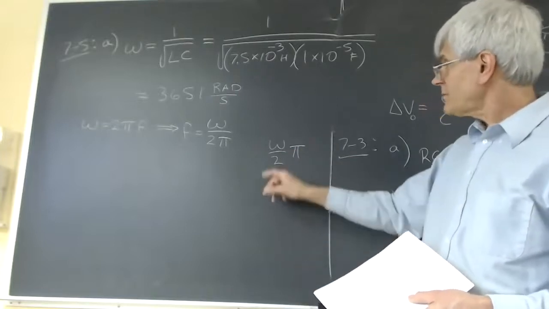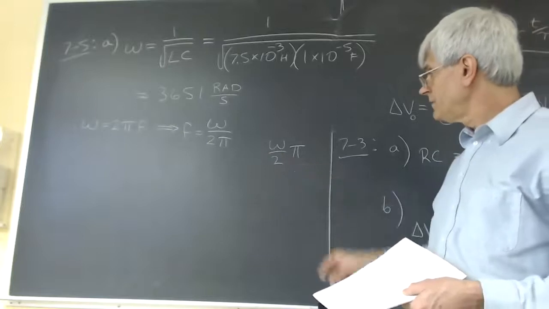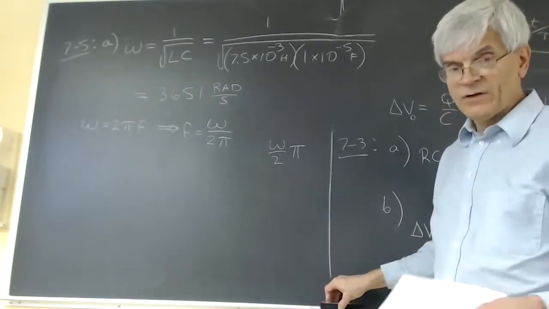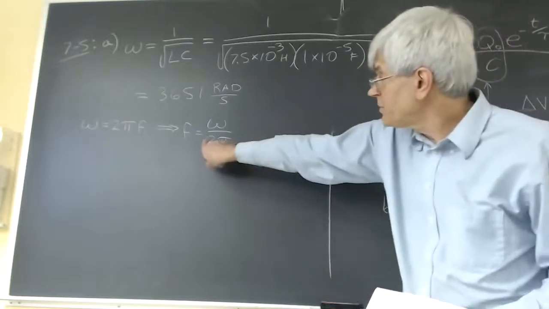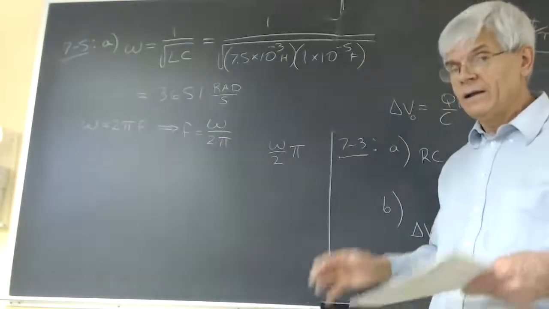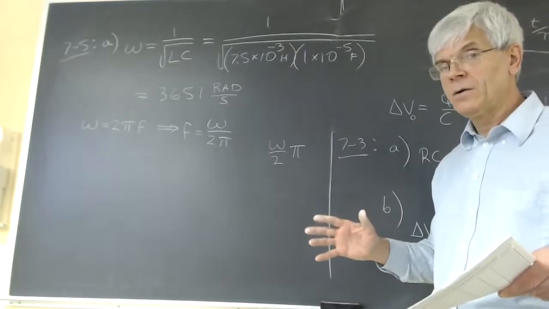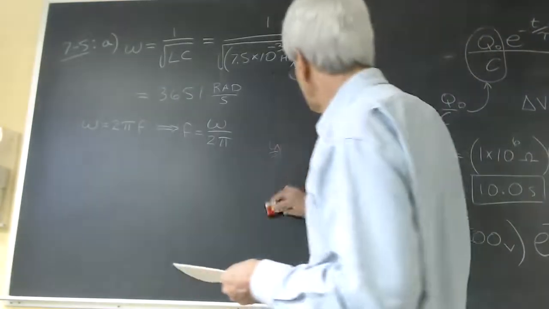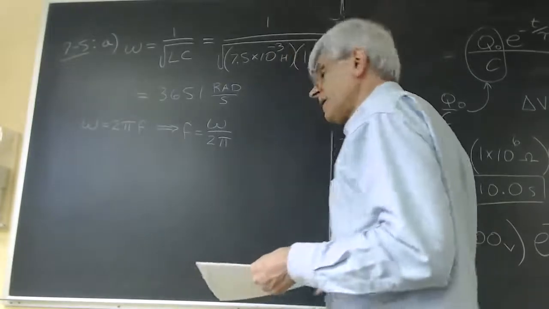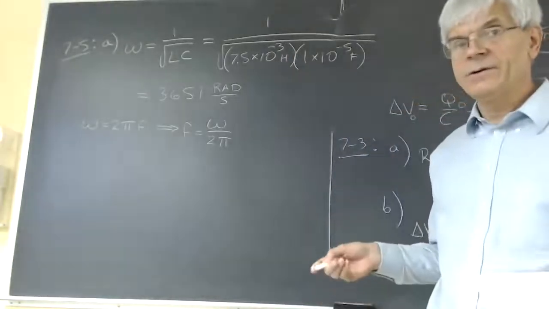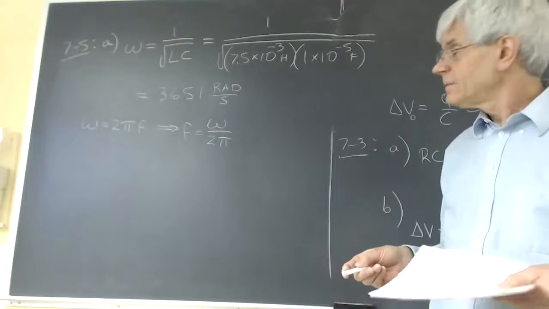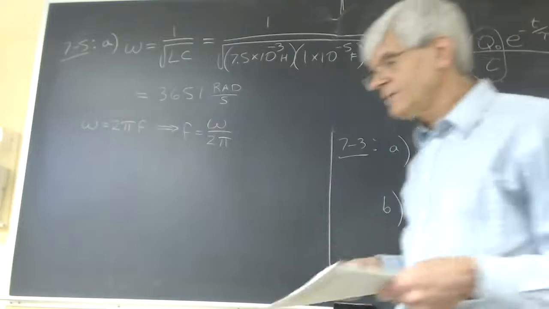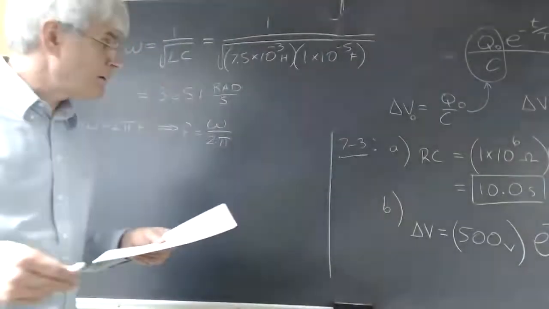So either go 3651 divided by 2 divided by pi, or put parentheses around the 2 pi, and then it'll be dividing by the whole thing instead of just the first thing that it encounters. It's a little order of operations thing, though I don't even know if it's that, but it's something I see people get caught by all the time.